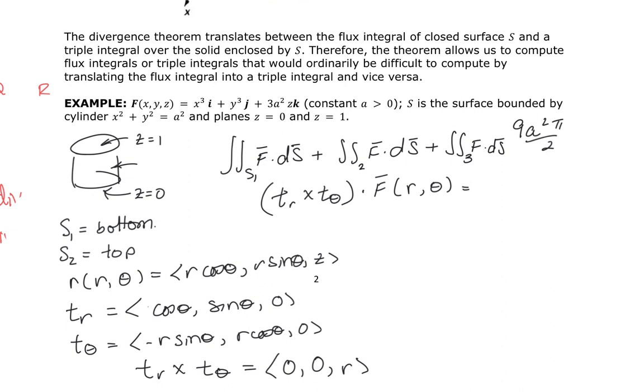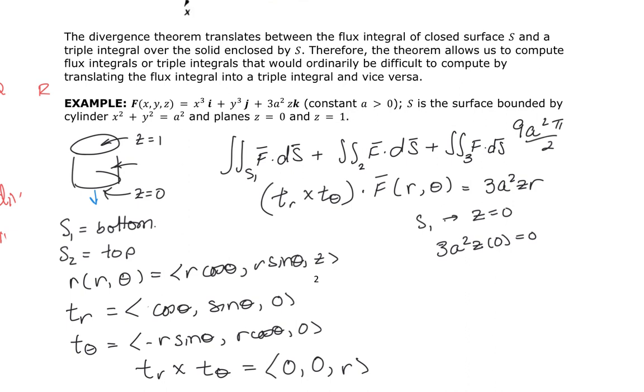So this is going to give me 3a squared z r. Now, for my first surface, S1 on the bottom, z is equal to 0. So 3a squared z times 0 is 0. For that surface with a normal going in that direction, it's going to be 0.